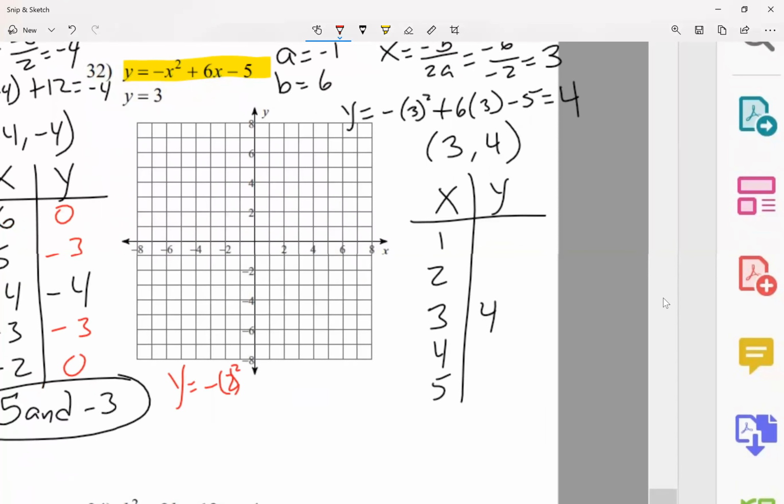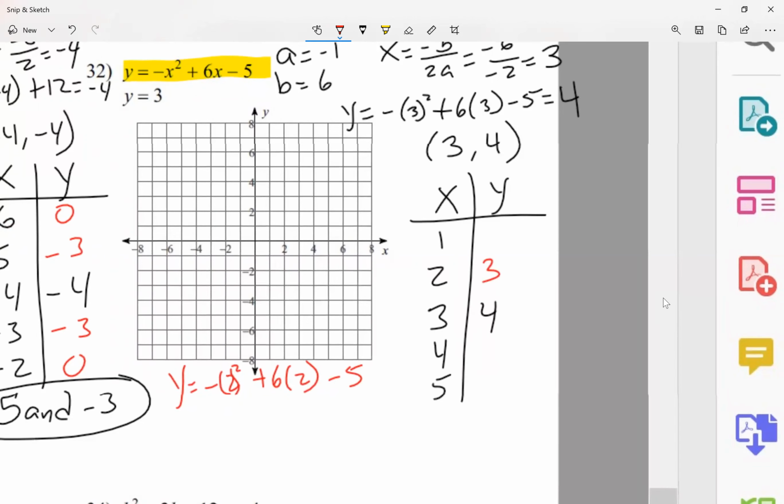The only thing I'm squaring is the 2. Negative 2 squared plus 6 times 2 minus 5. Remember that you must do the exponents before the negative outside. So I have negative 4 plus 12 minus 5. So it gives me that the y value is 3.